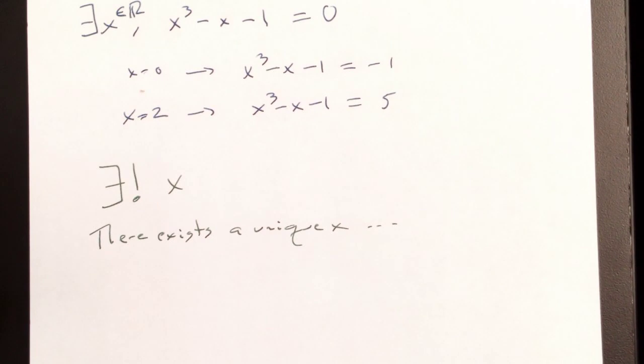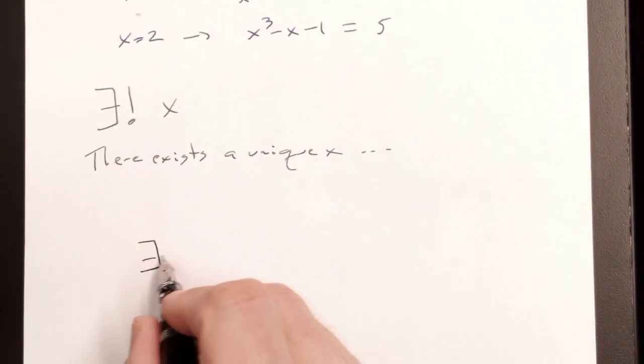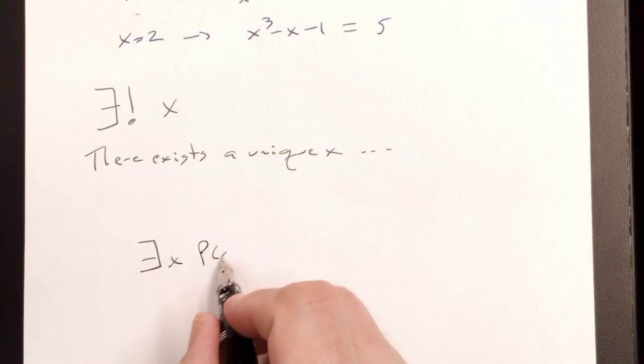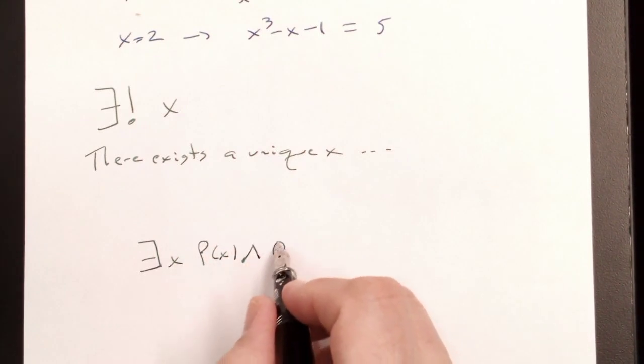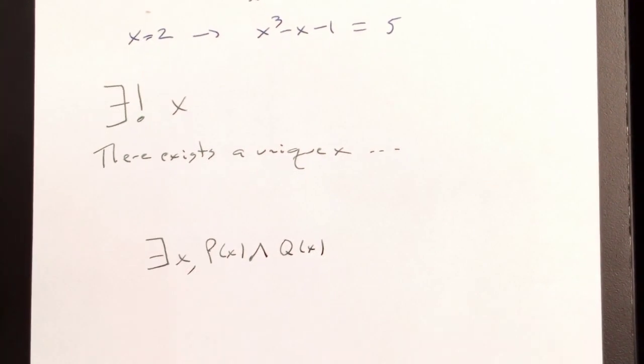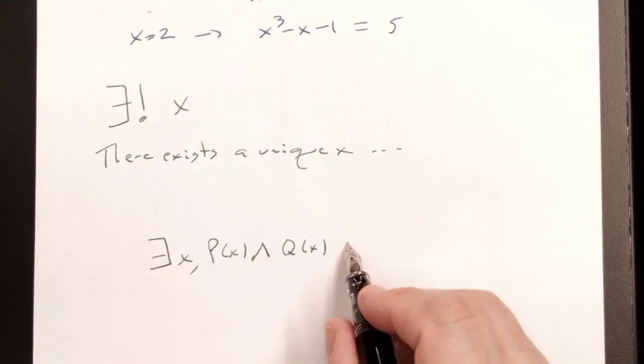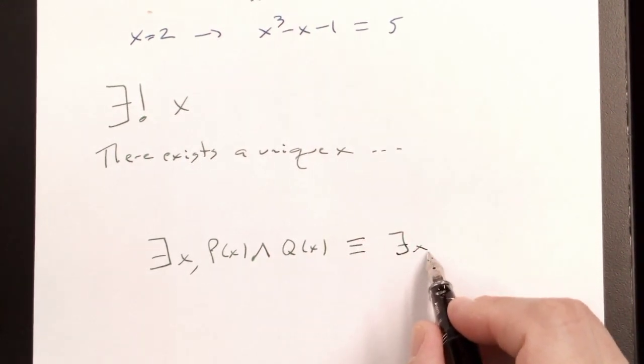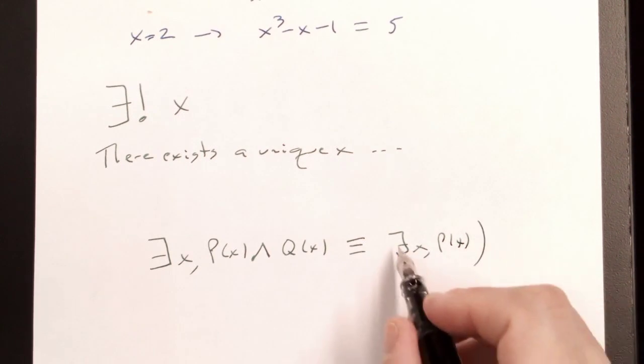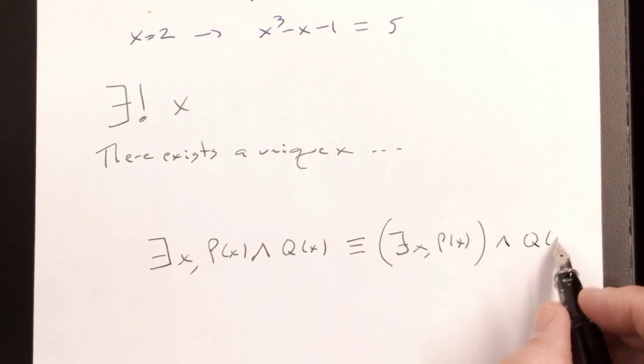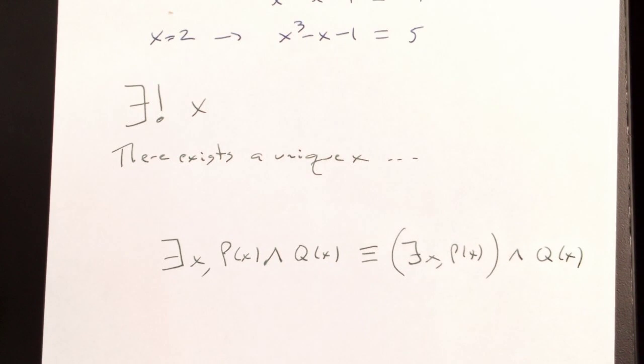So if I were to write something like this, if I want to give the existential quantifier a higher priority, this really means that I do it before the and.